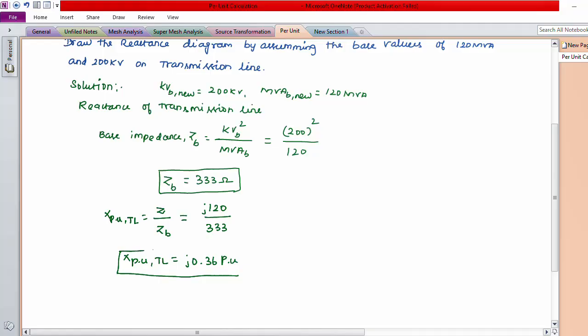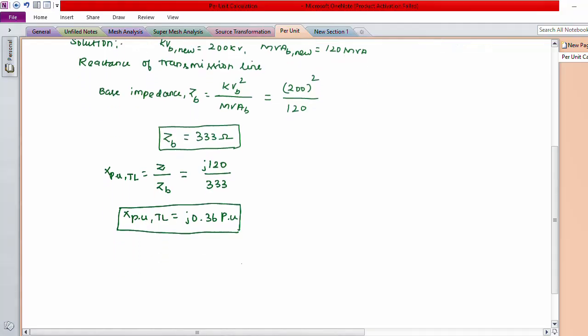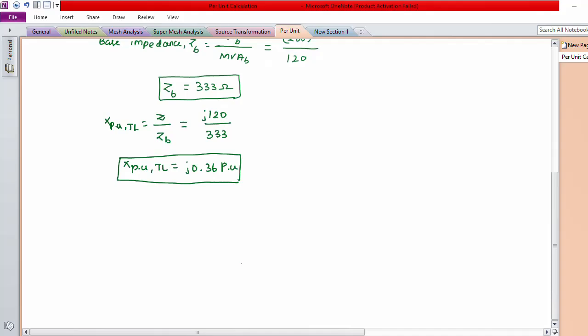Now the transmission line is connected at the transformer, so we have to determine the reactance of the transformer. For the transformer, we can calculate either on the high voltage side or on the low voltage side. So here the transmission line is connected on the high voltage side, so we can take the high voltage side as the reference.